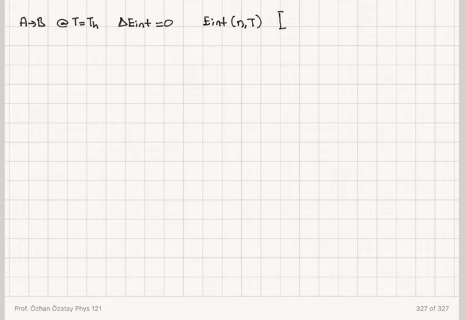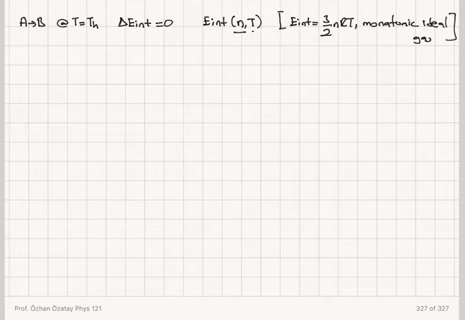For example, for a monatomic ideal gas, the internal energy is equal to 3 over 2 nRT. So it's only a function of number of moles and temperature. If the temperature doesn't change, internal energy doesn't change.